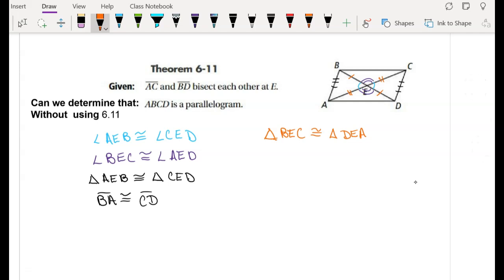So then we can also say that segment BC is congruent to segment AD because congruent parts of congruent triangles, same parts of a congruent triangle are congruent. So because this quadrilateral, opposite sides are congruent, both pairs of opposite sides are congruent. So that makes it work.